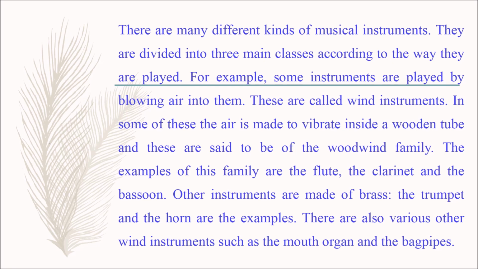In some of these, the air is made to vibrate inside a wooden tube, and these are said to be of the woodwind family. The examples of this family are the flute, the clarinet and the bassoon.